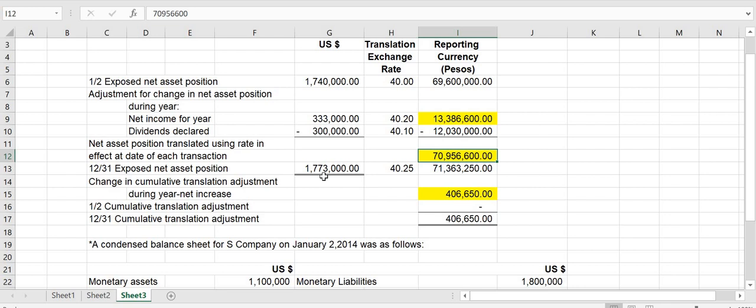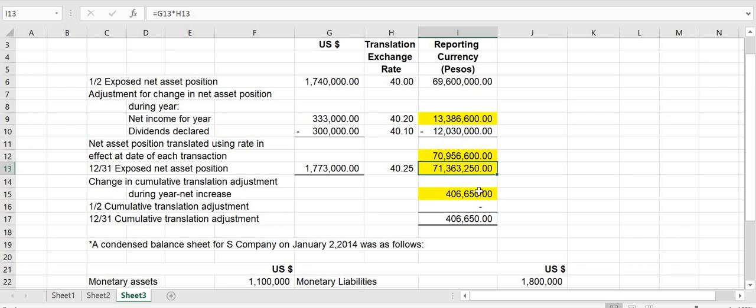So since nag-increase yung exchange rate, we'll expect now that's a translation gain, foreign currency translation gain or OCI na credit, kasi nag-increase din naman yung exchange rate. Okay? And we do have exposed net asset position translated, exposed net position at year end translated at the current exchange rate, we do have 71,363,250. So yung difference niya, that is actually 406,650.